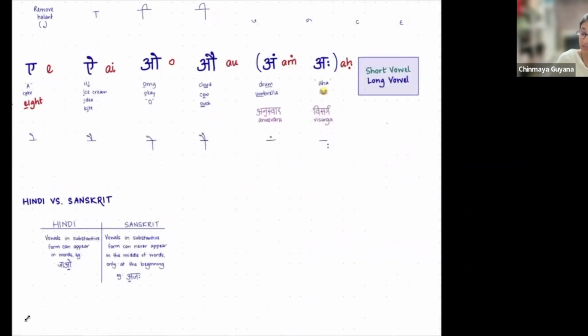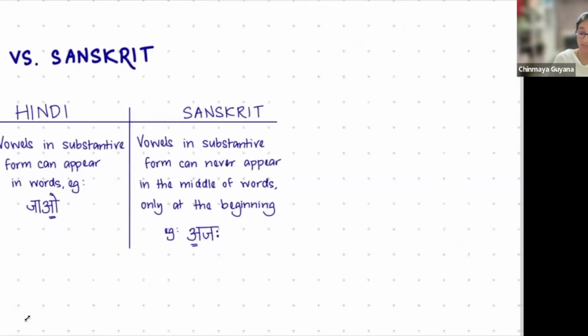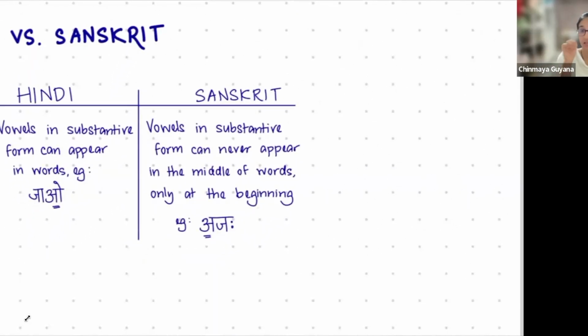Now, Hindi speakers, I tried my best to remember the differences between Hindi and Sanskrit. They come up naturally when teaching. I don't know if I covered all, but I'm going to try, and then as we go along, if there are others, I'll point them out. In Hindi, the vowel in the substantive form can appear in words like jao, ao, etc. But in Sanskrit, the vowel in the substantive form can never appear in the middle of words.